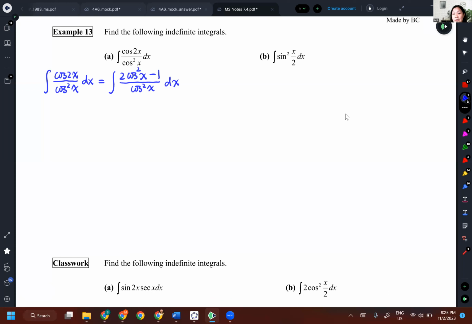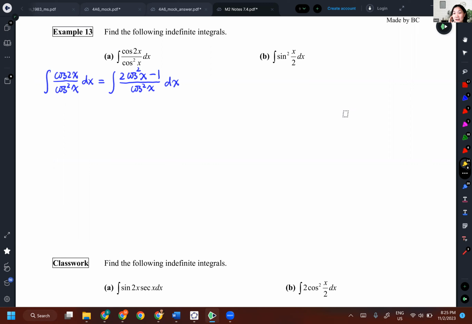That's a use of the double angle formula, and something that you're not very good at, because you don't choose the correct one to use.